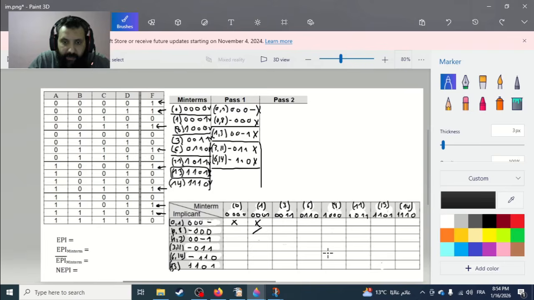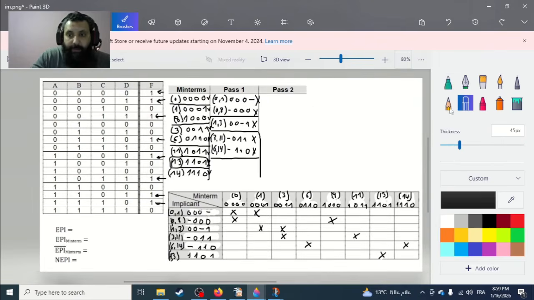Okay, this one is 0, 8. The third is 1, 3. I have to be careful here. 1, 3. 3, 11. We have this one, 6, 14. And we have 13.